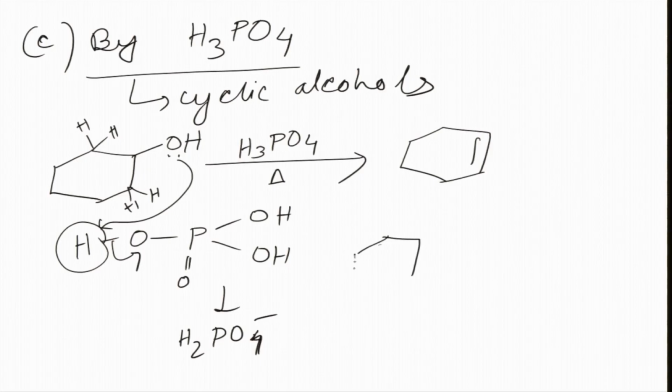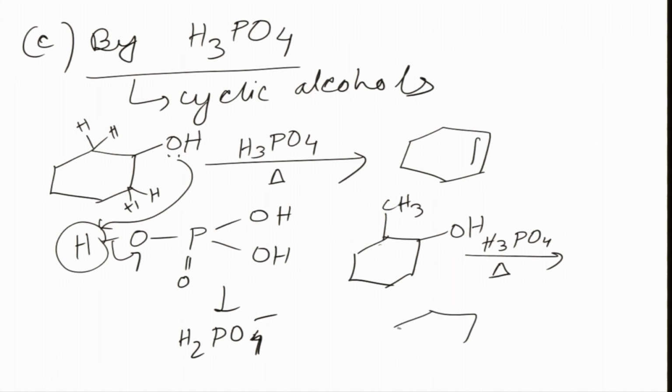Now, if we take this compound and treat with H3PO4 and heat, there are two possibilities. One can be this, because beta hydrogens are present here, and another can be this, because one beta hydrogen is present here also.